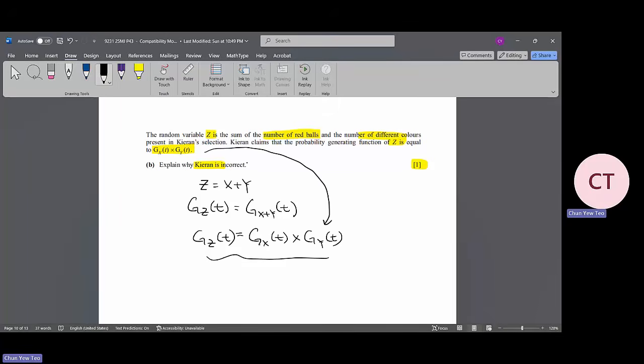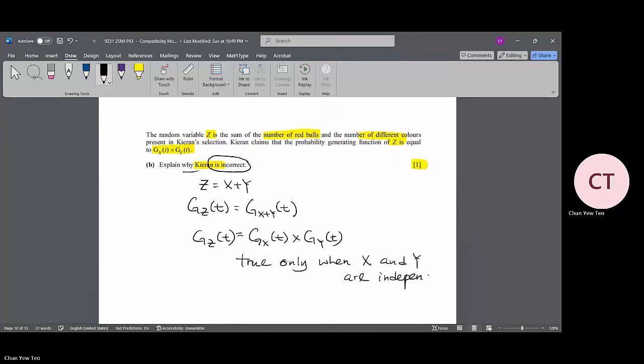Since they want us to explain why it's incorrect, the only possibility is that they are not independent. Remember, this is true only when X and Y are independent. So if it is not true, that means X and Y are not independent.